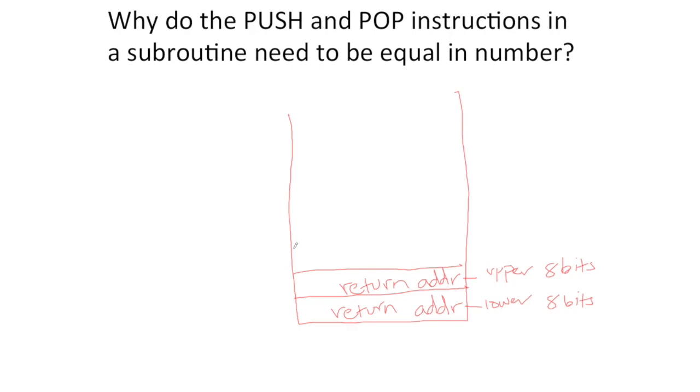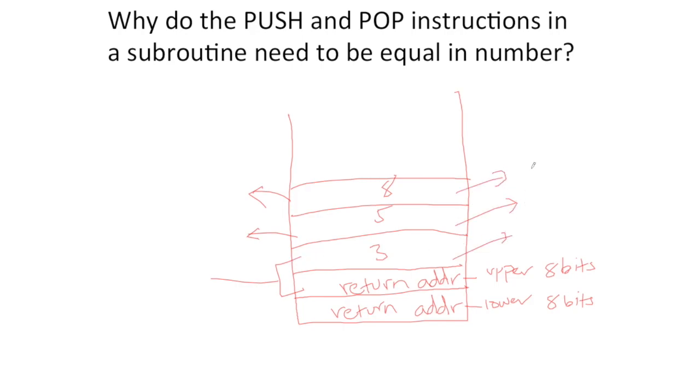So if the subroutine is going to make use of the stack and push some values, say 3, 5, 8, whatever, and if you have fewer pops than what has been pushed, you will end up returning to the incorrect address. And of course the same applies if you have more pops.